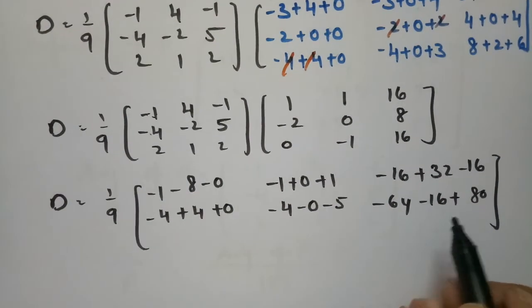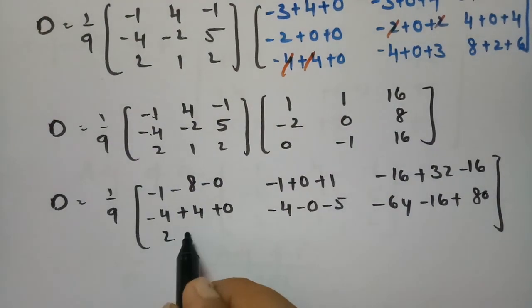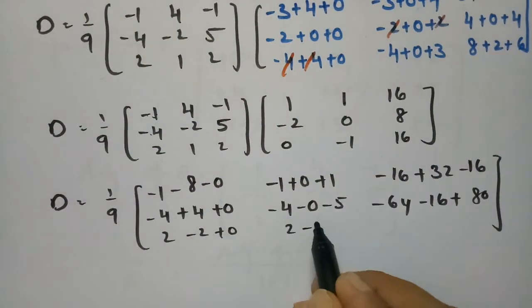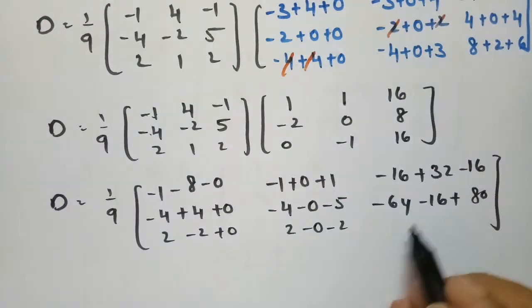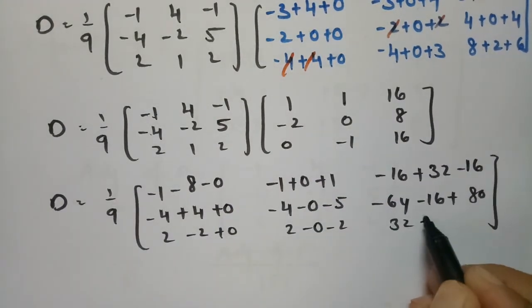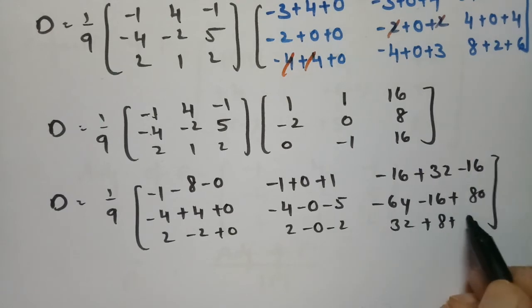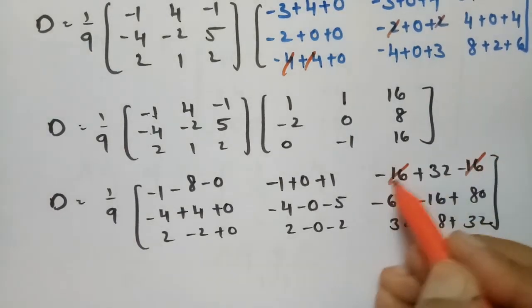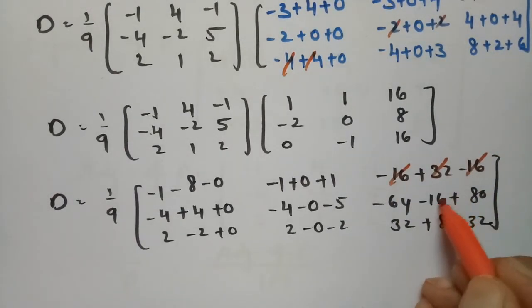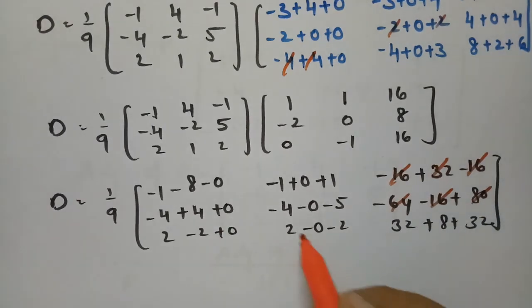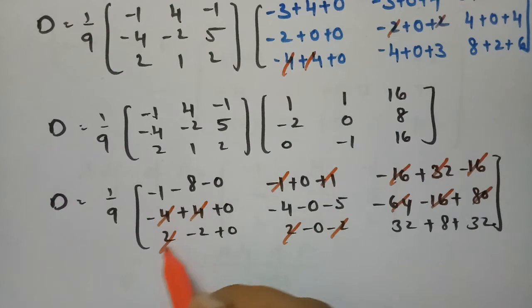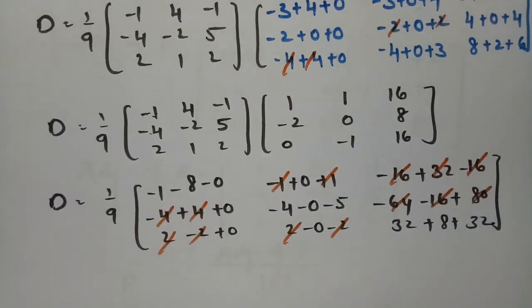So 16, 5, 80, and this is 2, and this is -2, and this is 0, and this is 2 - 0 - 2, and this is 32, and this is 8, and this value is 32 again. So if you observe, +32 - 32, +80 - 80, +2 - 2, +1 - 1, +4 - 4, +2 - 2, and see what remains here.